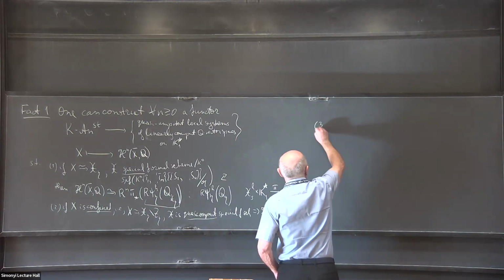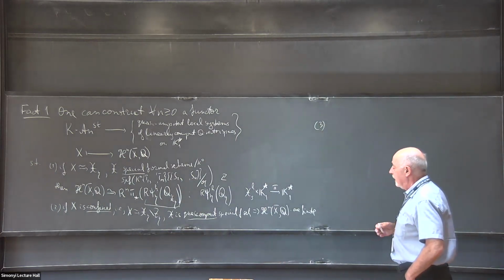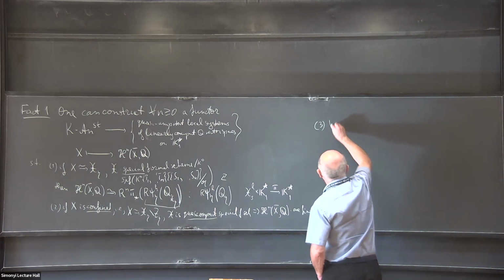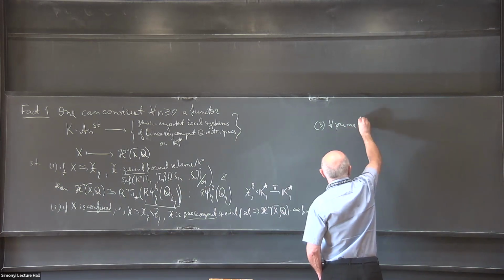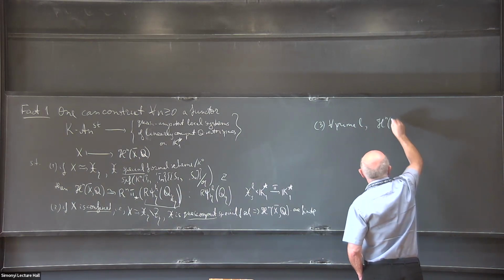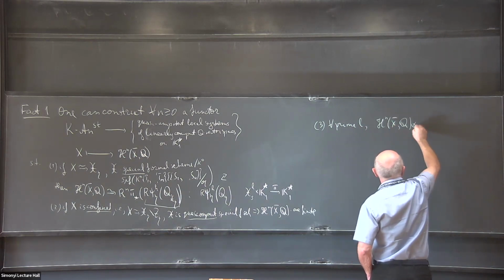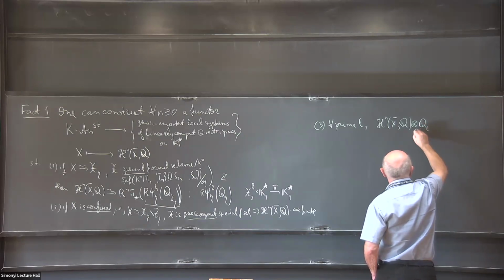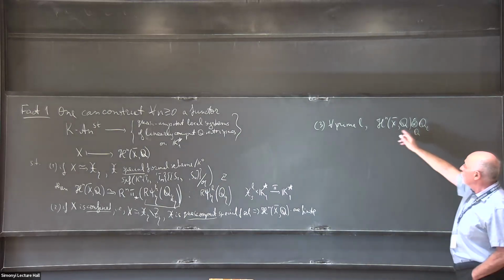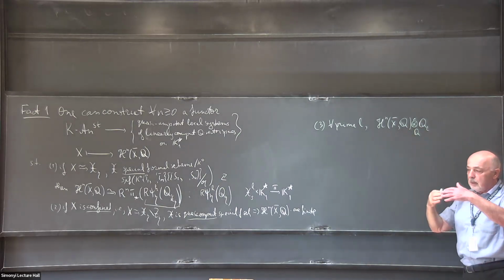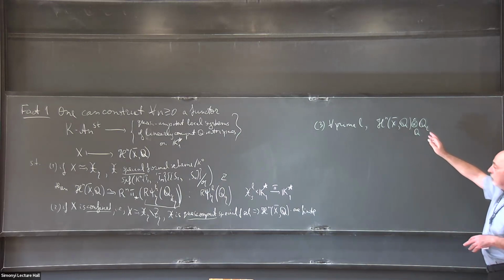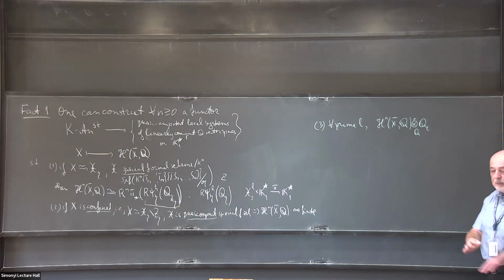Third property, just because it's curious, we do not need it here, but for any prime there is a canonical isomorphism between this space and the product of this space with Q_l, but I place a hat here. This means that because it's not a finite dimensional space, it's a projective limit of finite dimensional ones, so we should take the tensor product of all these finite dimensional ones and consider the projective limit.